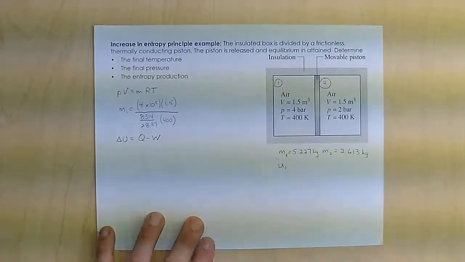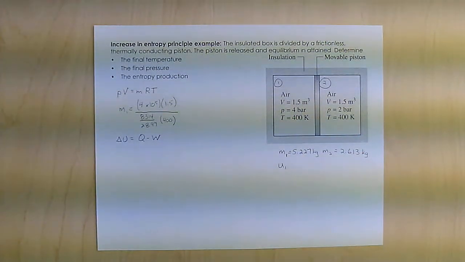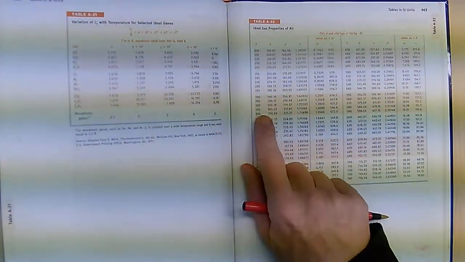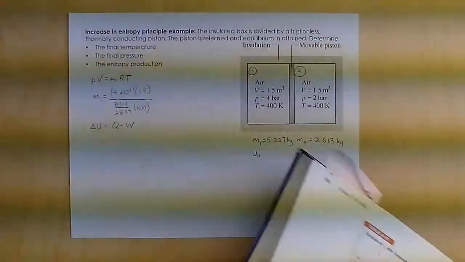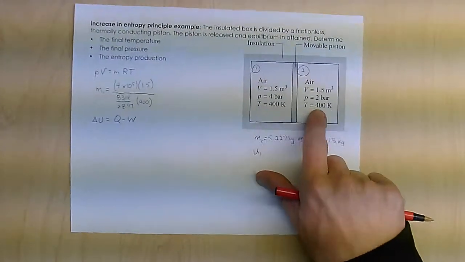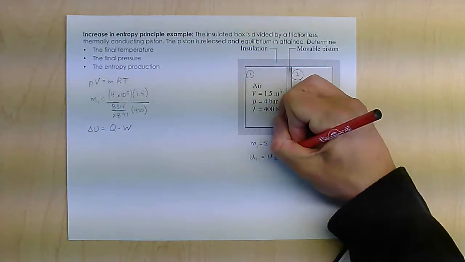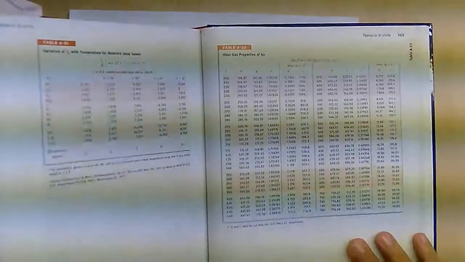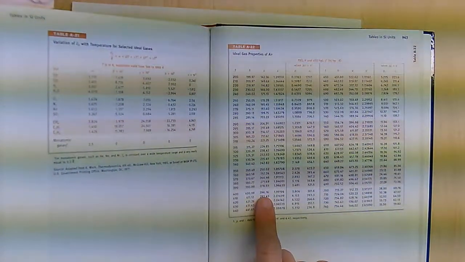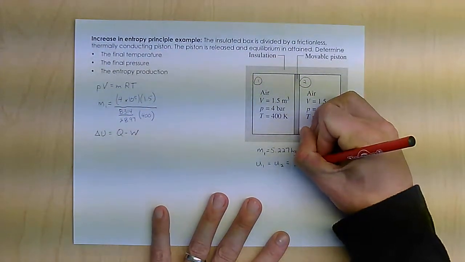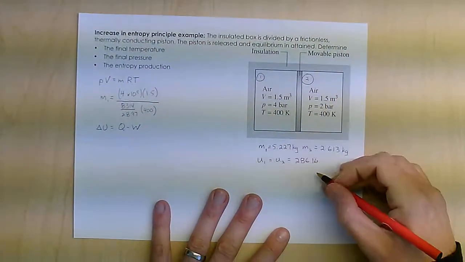Notice that for air, U depends only on temperature. These temperatures are the same, both 400, so U1 equals U2, which equals 286.16. So those have the same energy initially.